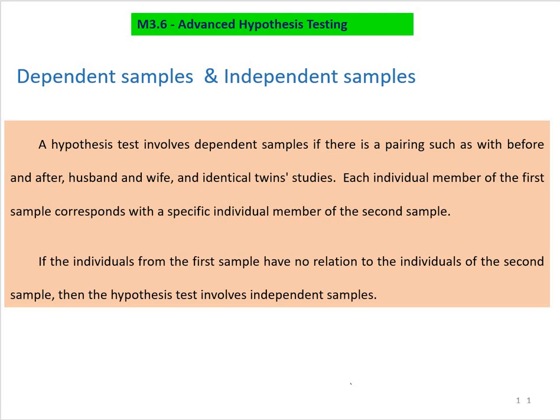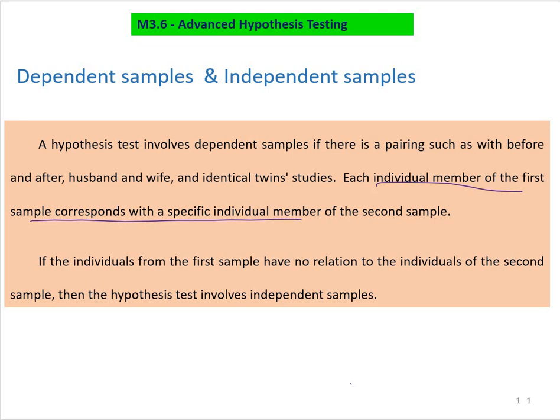If we discuss samples of husbands and wives, or identical twins, each individual member of the first sample corresponds to a specified individual member of the second sample.